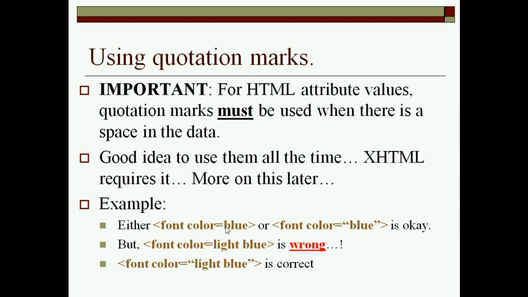But the problem is, when you have a text string that contains a space, that's going to be a problem if it is not in quotation marks. For example, this one says light blue, but there is a space, and it's going to be wrong. This is right. In quotation marks, the space is not going to be construed as a break or a delimiter.